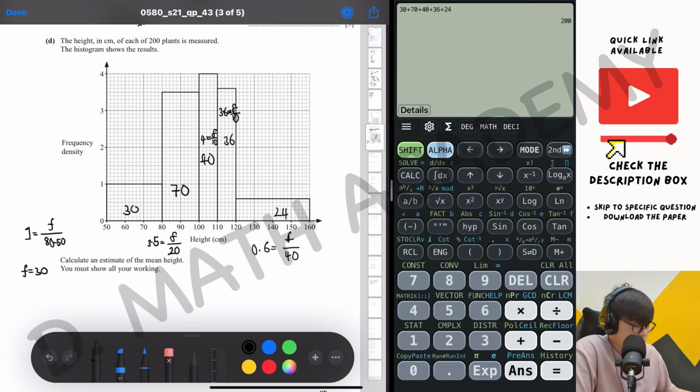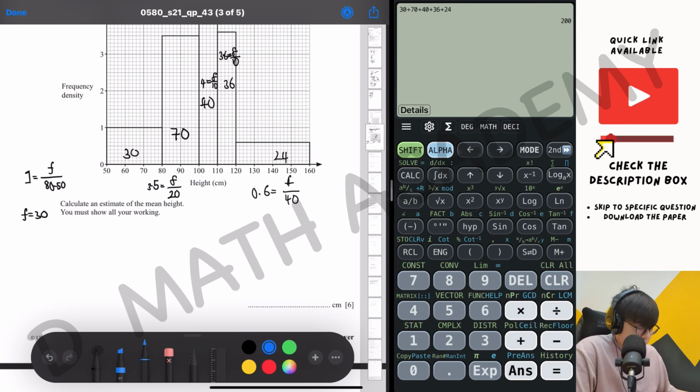So with all the frequencies here, you can then proceed with your mean. But before that, you need to know the midpoint of each group. So 80 plus 50 divided by 2, you get 65.